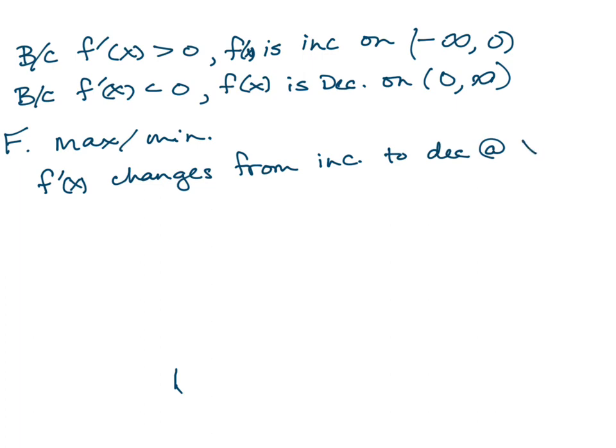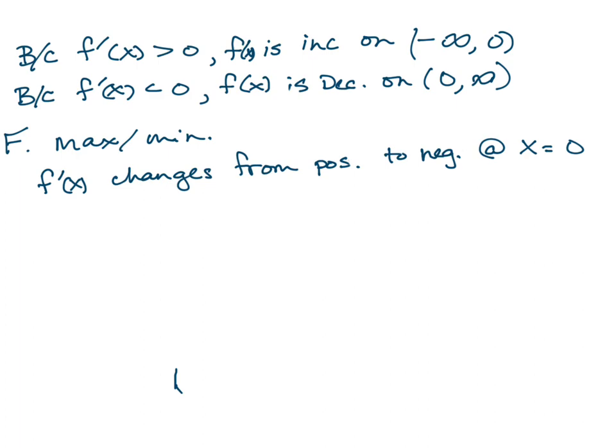At x equals 0. F prime changes from, F doesn't change from increasing to decreasing. I lied. F prime changes from positive to negative. Make sure you write that. F prime changes from positive to negative at x equals 0.